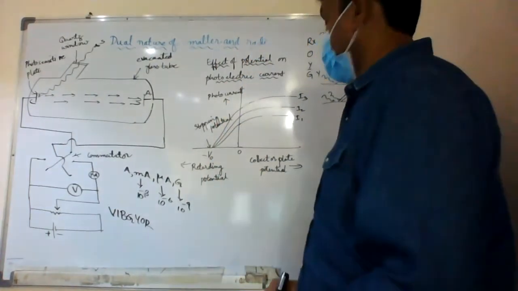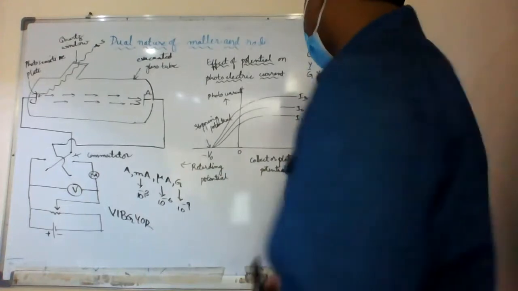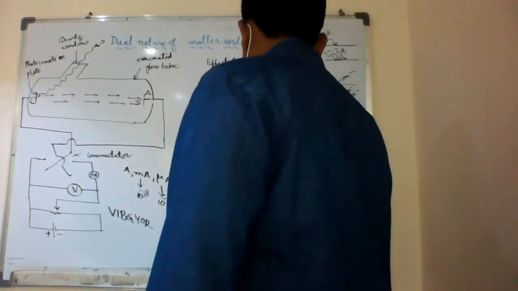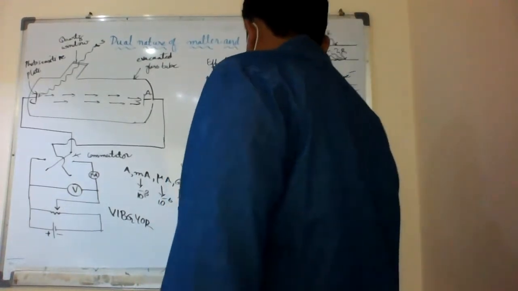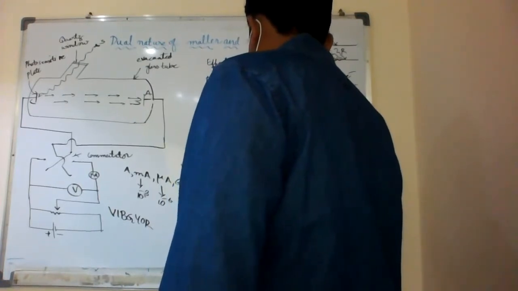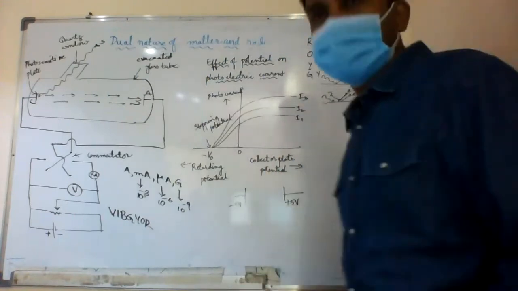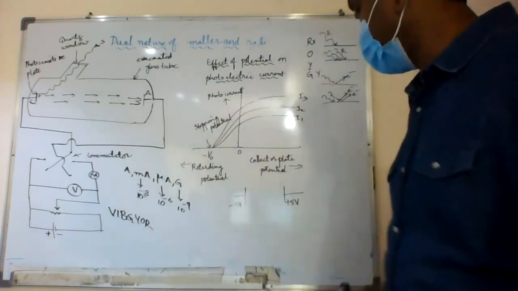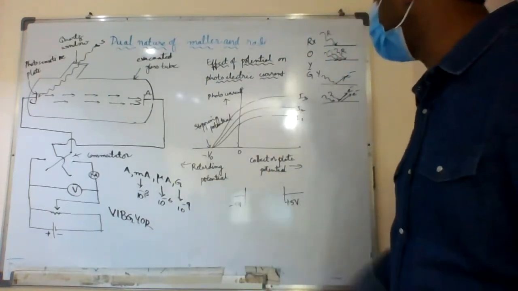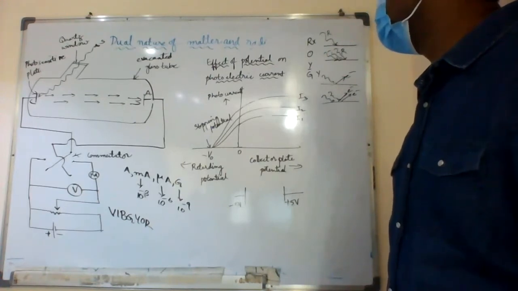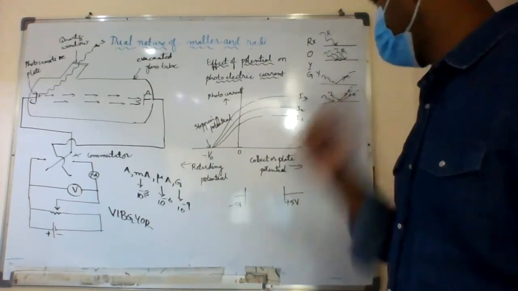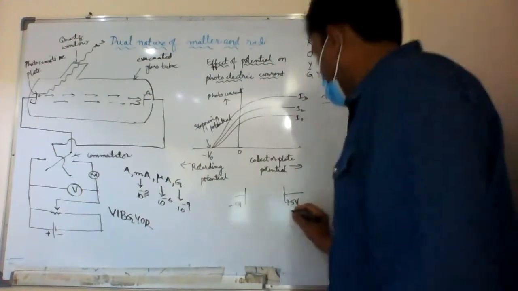Now, see here. We have cathode plate and anode plate. Let this be minus 5 and let this be plus 5. Now we are reducing the voltage potential.